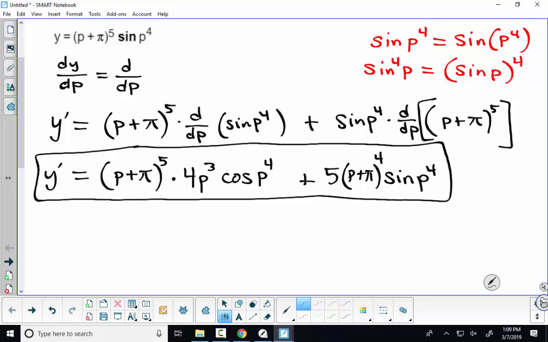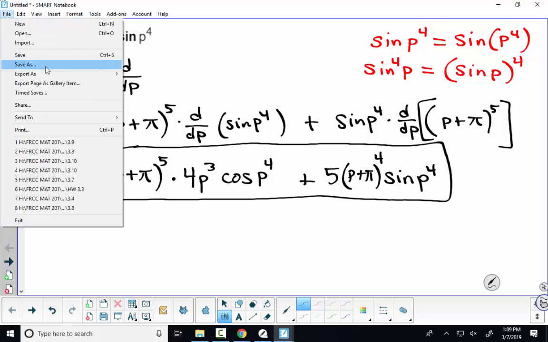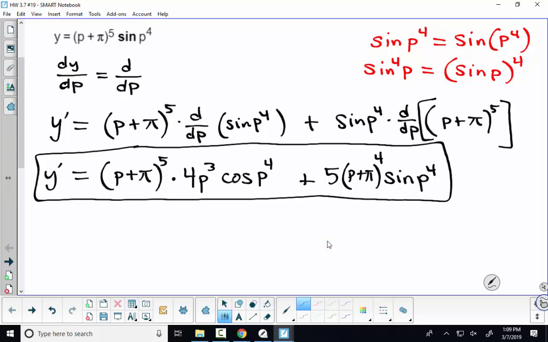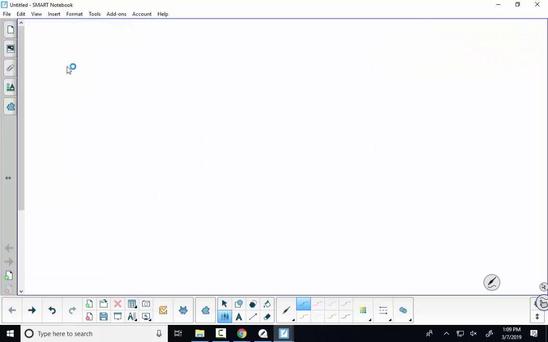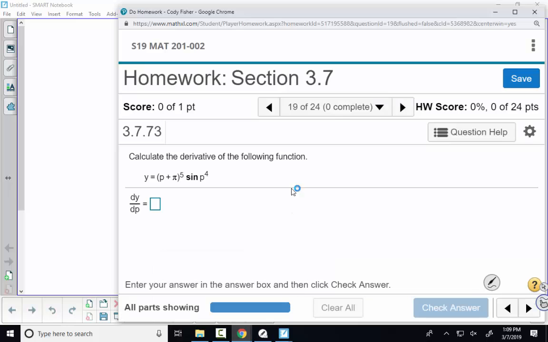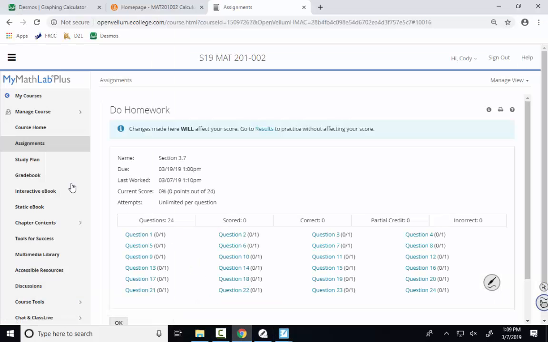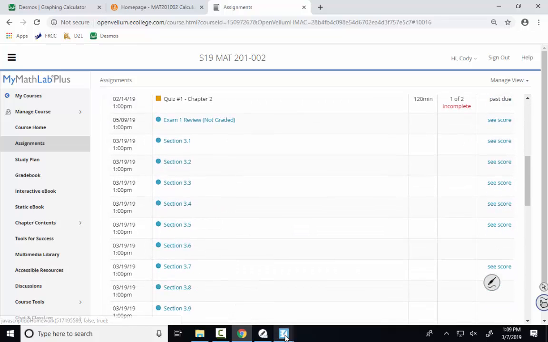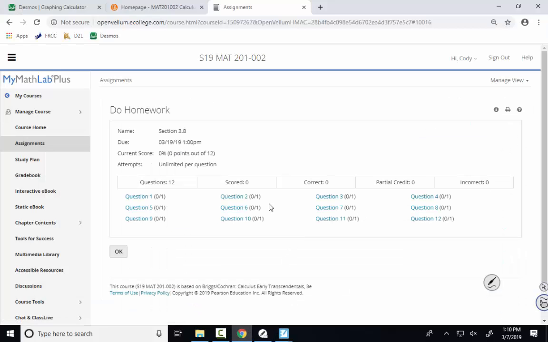Are there any more homework questions from 3.7? Number 5.